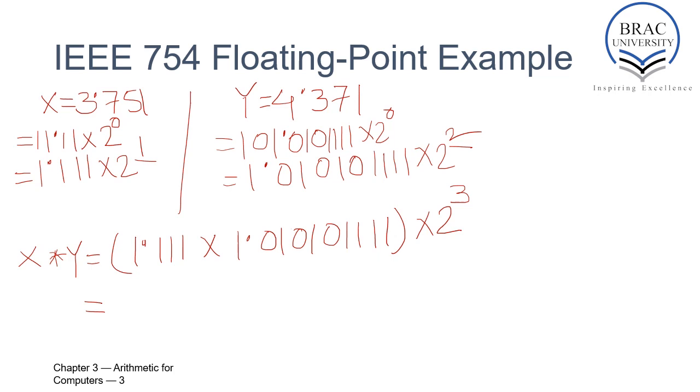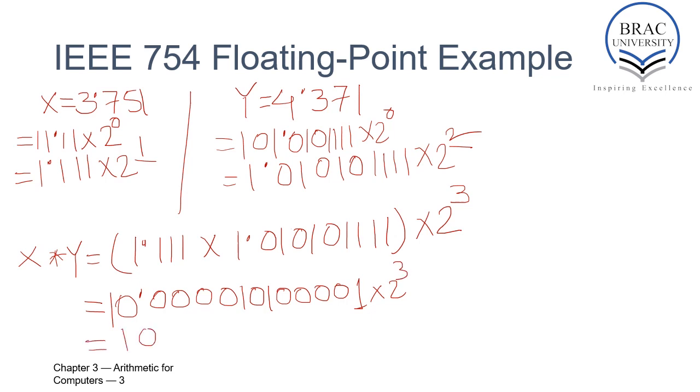Now if you do regular binary multiplication, the final result that you are going to get is 10.0100001 into 2 to the power 0.